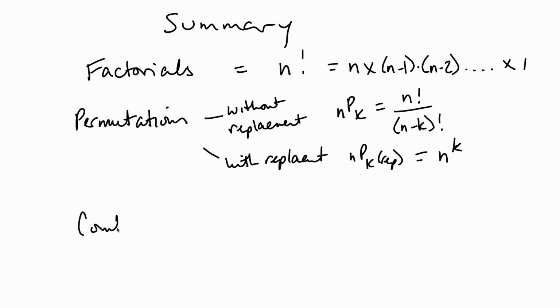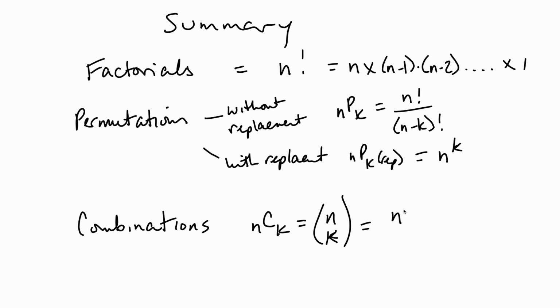And combinations, where order doesn't matter, n choose k, which is usually represented like this, is the same as permutations with an extra k factorial on the bottom.